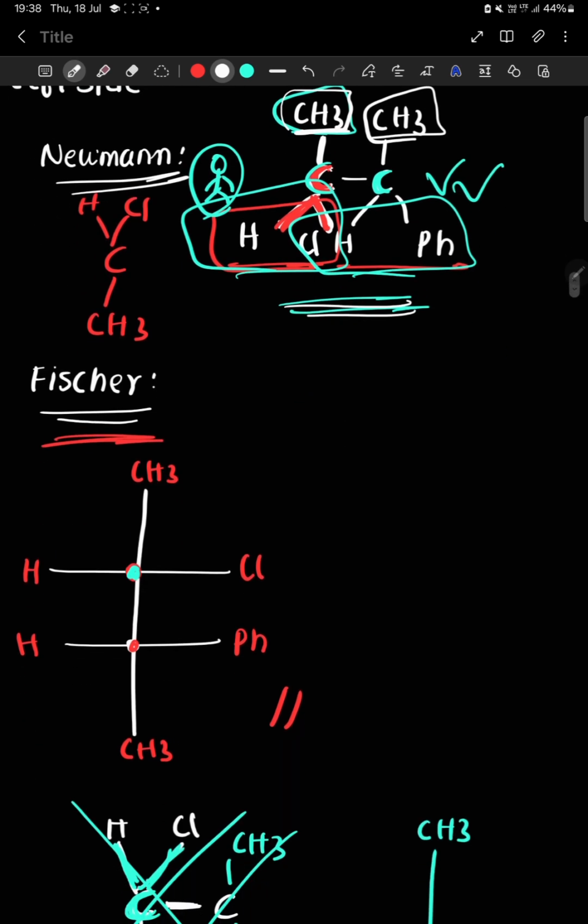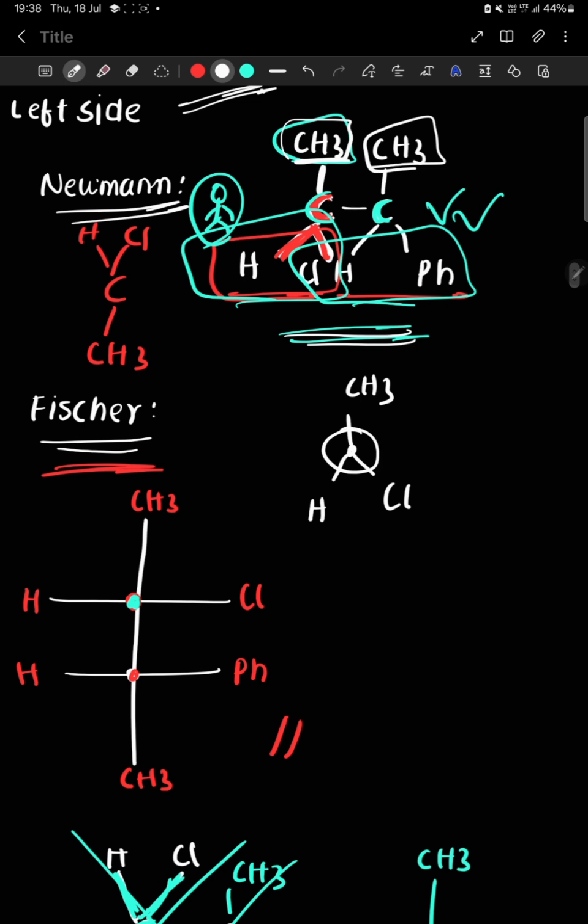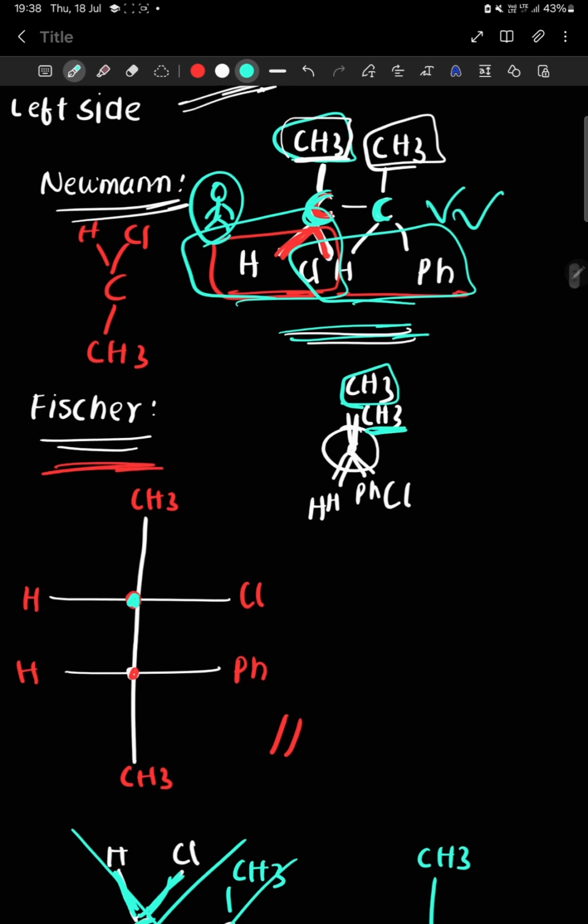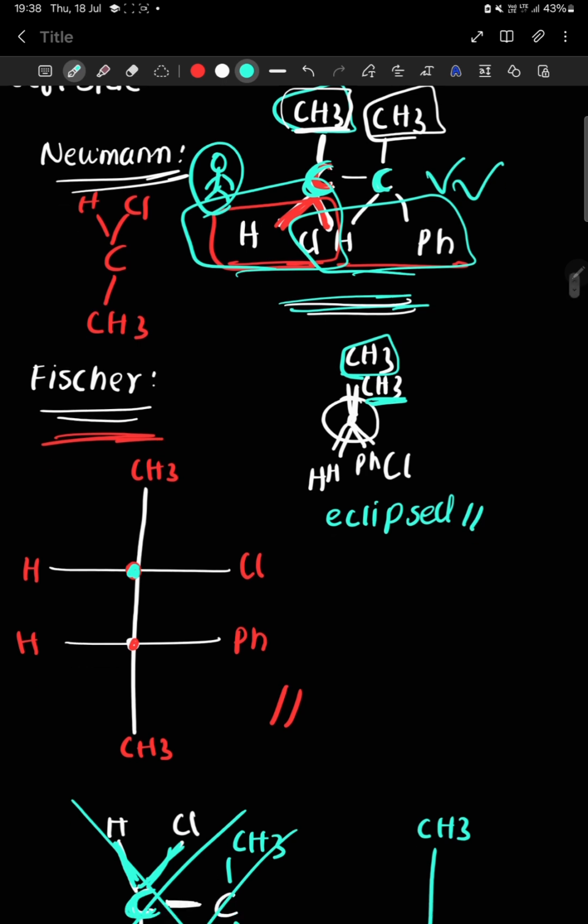If I were to draw a Newman projection for this, stay with me here: CH3 here, H here, Cl here, and then a circle, CH3 slightly to the side just for representation, Ph and H. Notice that the CH3 of this carbon atom and the CH3 of the carbon atom behind it are completely overlapped. This is called the eclipsed form. Eclipsed, staggered, all that we can get into later. I just explained eclipsed because I used it.